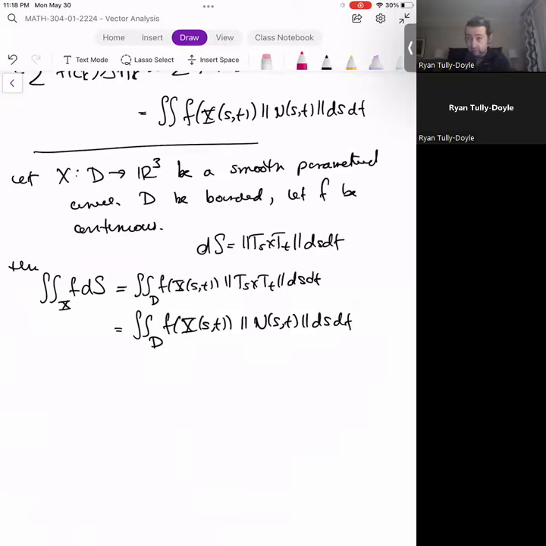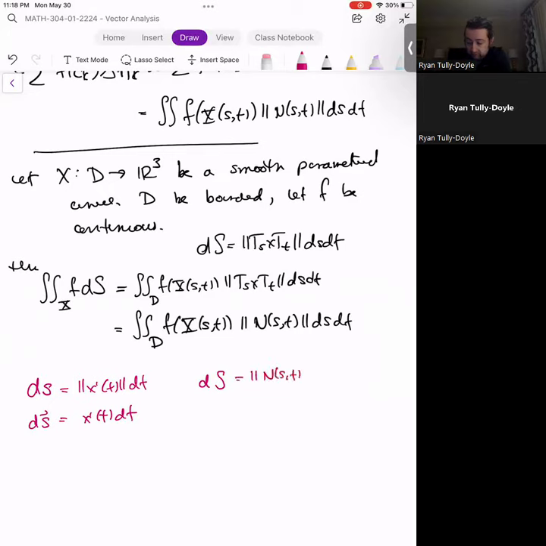Remember, when we were doing the line case, we had ds with no vector on top of it was the length of x prime of t dt. And when I put the vector there, it was actually the vector x prime of t dt. And the same exact move is going to happen here. We're going to have dS, which is the length of N of s and t ds dt.